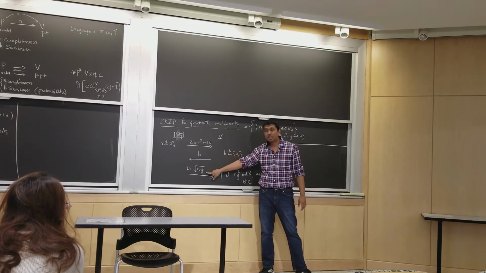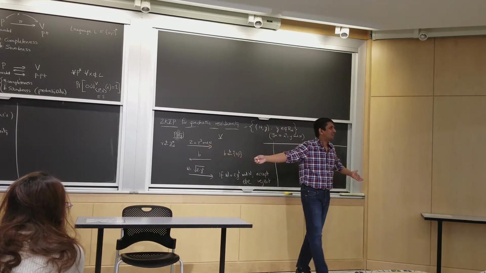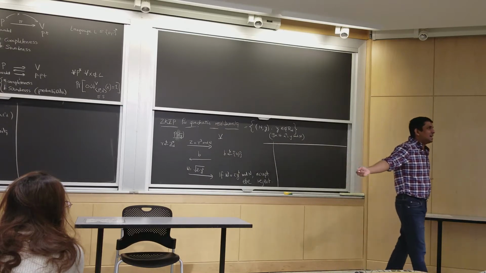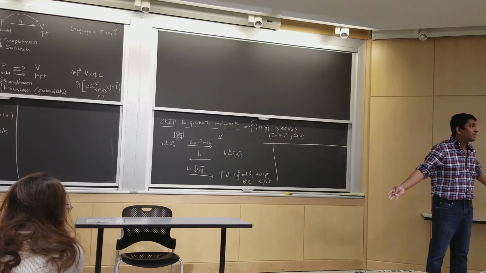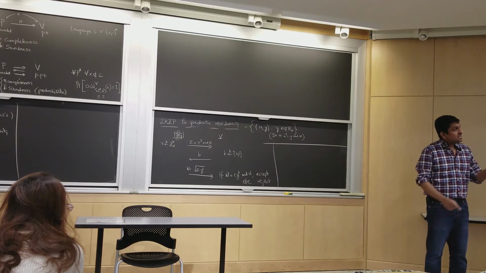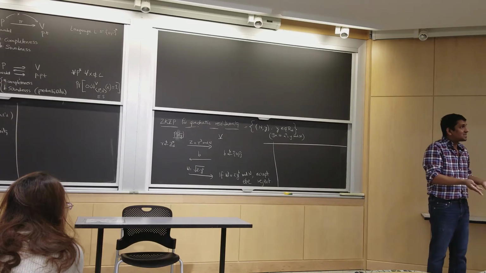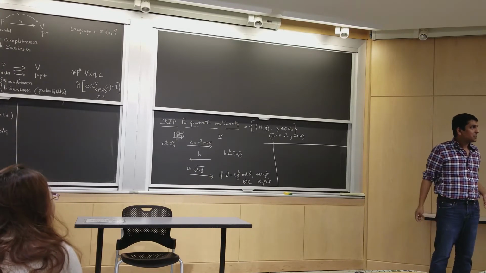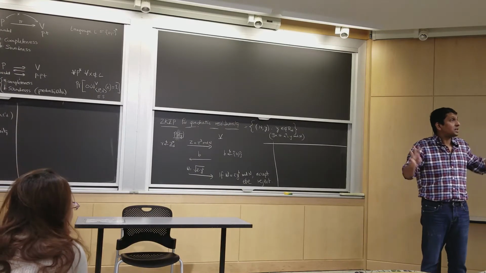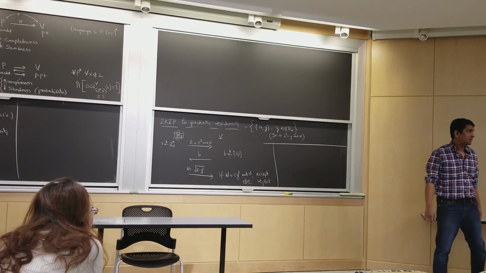If he picks a 0, he gets r. He gets nothing about the statement. He doesn't know anything about the square root of y. If he picks 1, he gets r times the square root of y, which again is a random number. So he still gets no information about the square root of y. In either case, what he gets does not reveal anything about the square root of y, which is exactly what we want for zero knowledge.